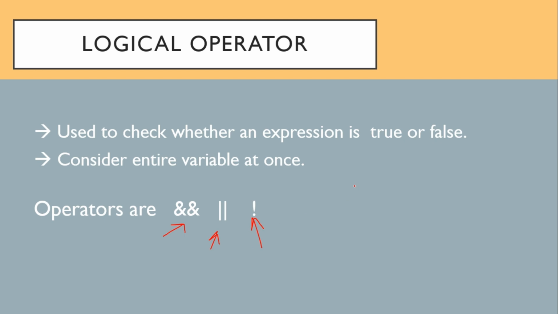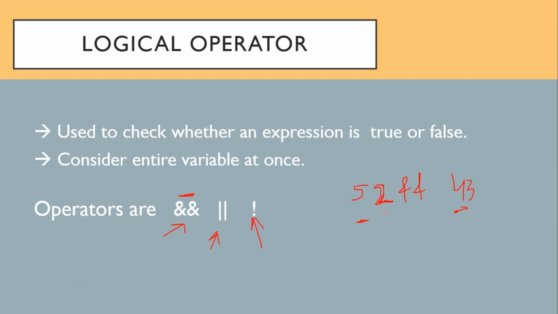Let's suppose we have 52 and 43 and we are doing AND. It will check these two expressions and show the output. AND returns true only if both the expressions are true.